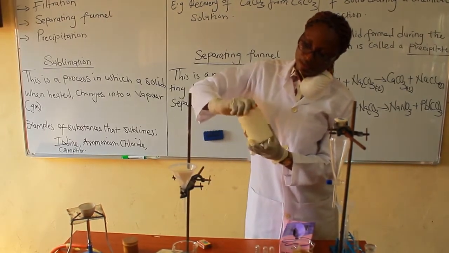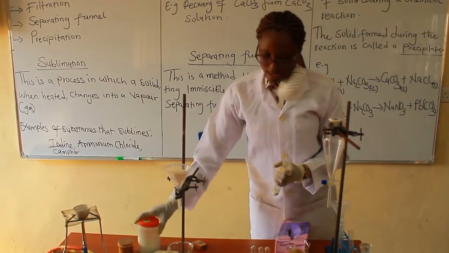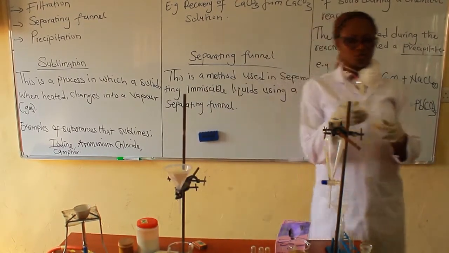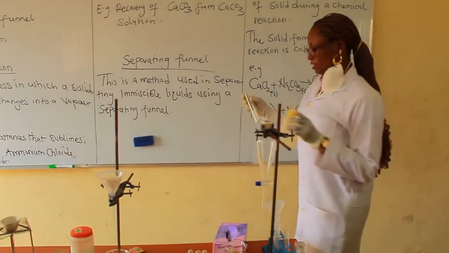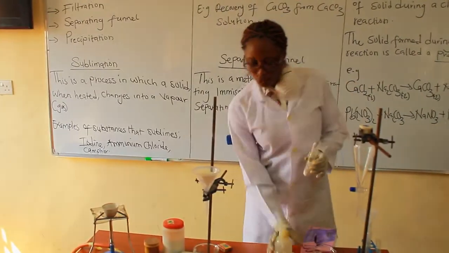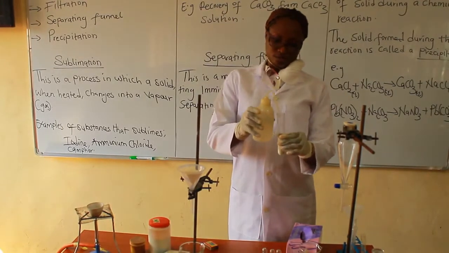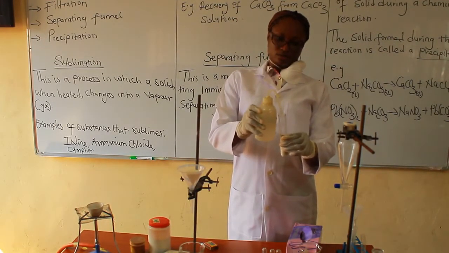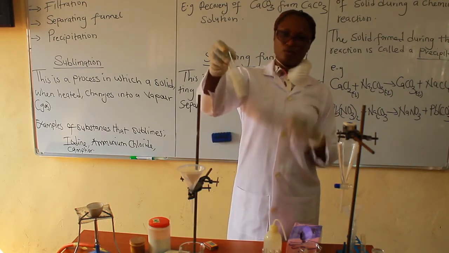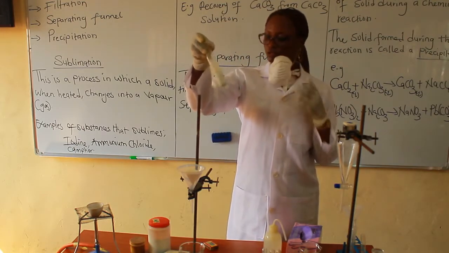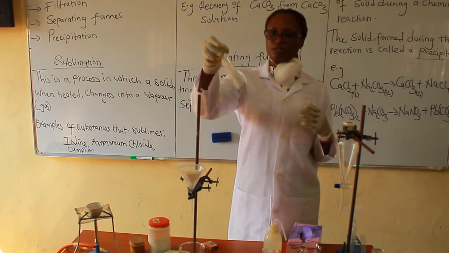And then we make a solution of this. How do you make a solution of this? We add water, and then a solution will be formed. Now this is a solution of calcium carbonate.